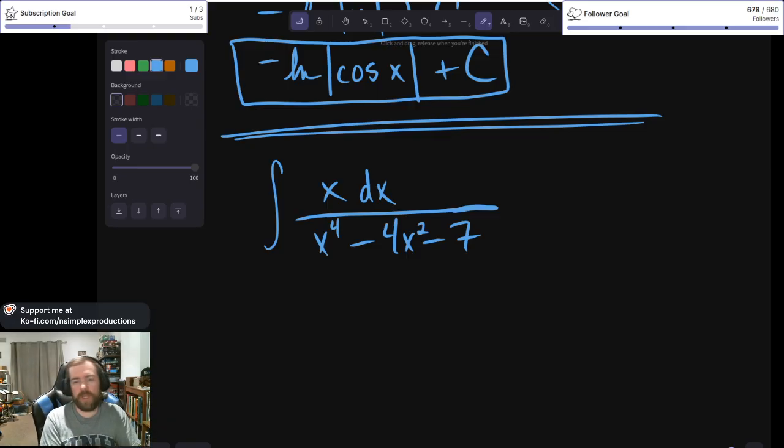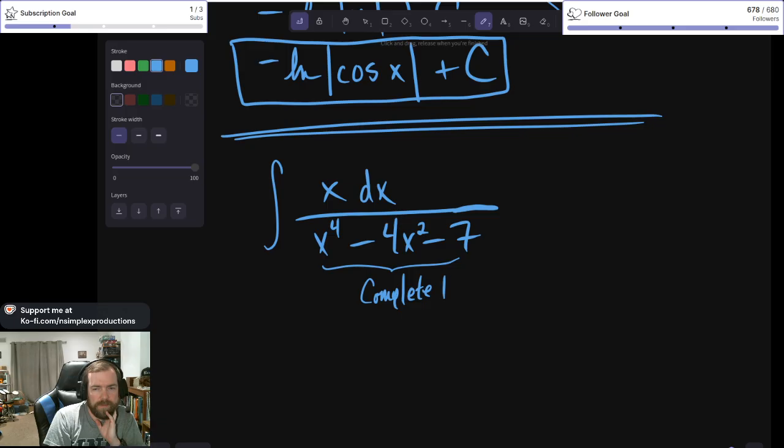There's something that we can do here. It looks kind of gross. That's fair. But according to what we have, there's only a few options. Here, what you probably want to do is to complete the square.